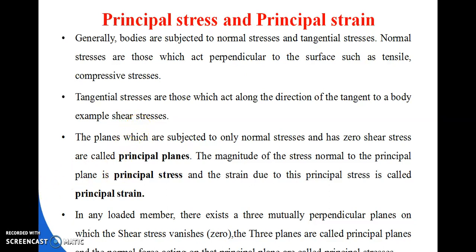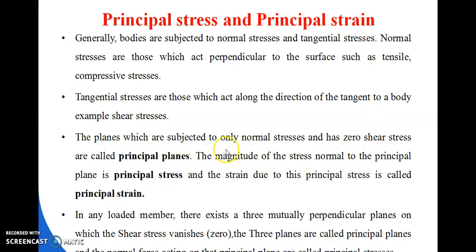Okay. Next is, what is principal plane, what is principal stress, and what is principal strain. Basically, the planes which are subjected to only normal stress and have no shear stress are called principal planes.